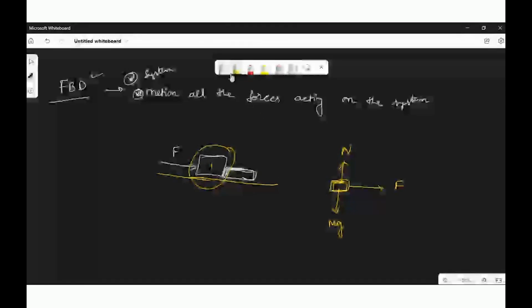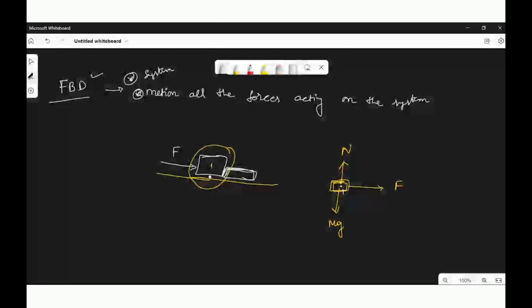You're not supposed to mention the normal reaction given by this body to the surface. You mention only those forces that are acting on the body, not by the body.